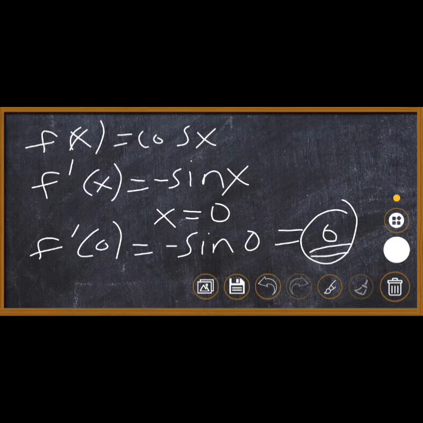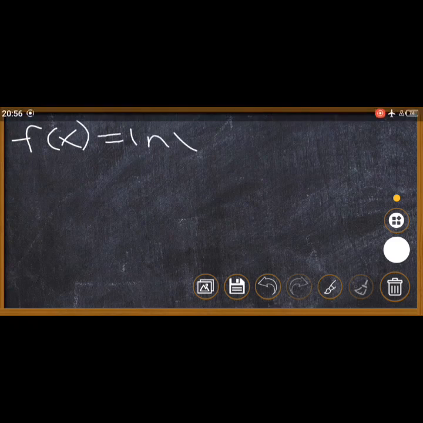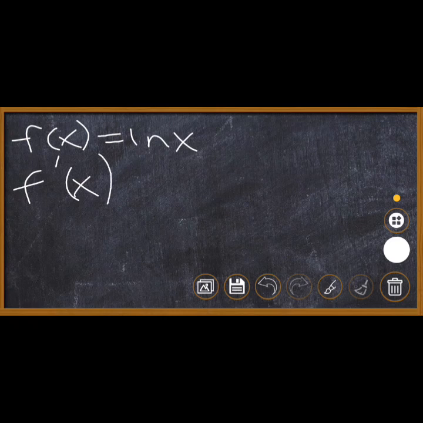Now let's say you have f of x equal to ln of x, and then you find the first derivative. So what's the first derivative of ln of x? The first derivative of ln of x is 1 over x.